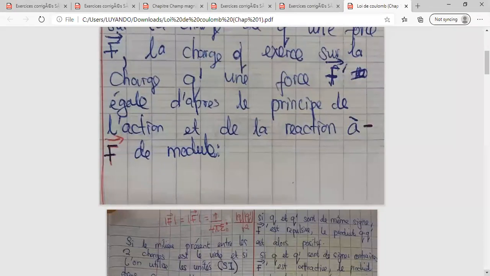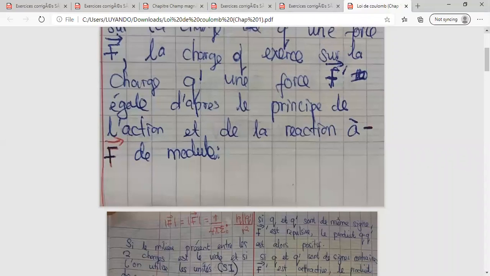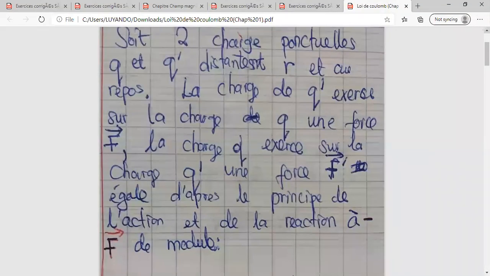Here I'm simply explaining that if we've got two charges, Q and Q', Q exerts a force in the direction of Q', and Q' exerts a force in the direction of Q. A diagram will illustrate what I'm saying.